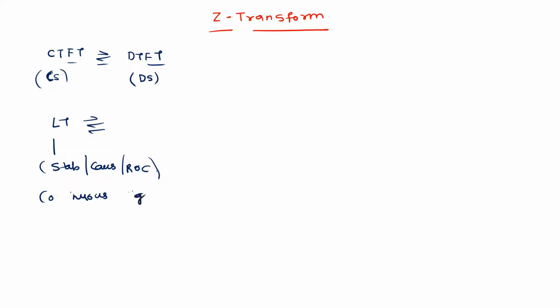And there is something called the Z transform. Just as the Laplace transform is compared with the continuous time Fourier transform, in the same way the DTFT is similar to the Z transform. Both are used for discrete signals.